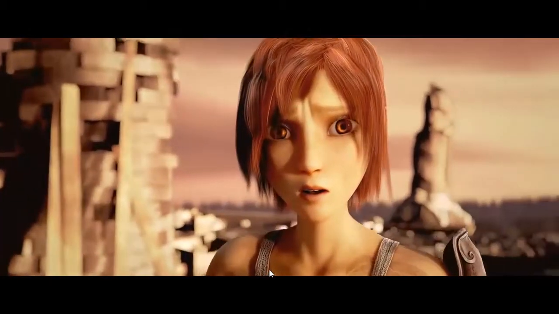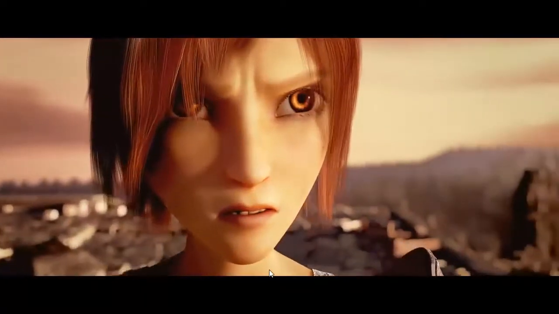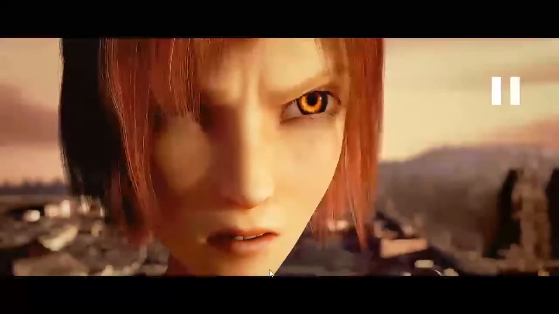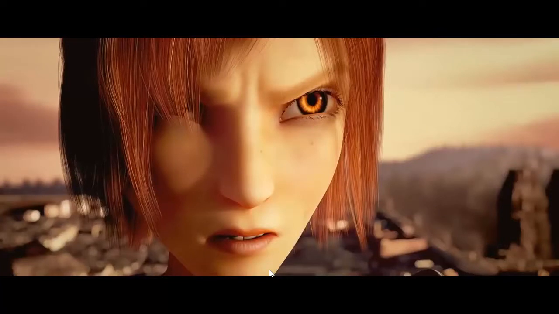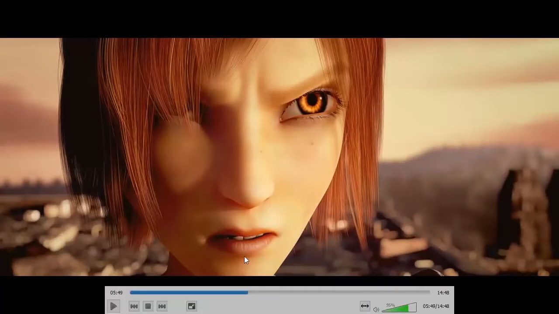Okay, you see, we're taken closer and even closer to the character. So that's what I was talking about. Now we have been taken even deeper into this character's emotion, even though we are not yet halfway.